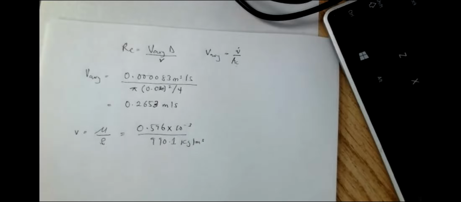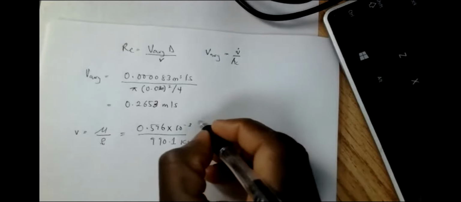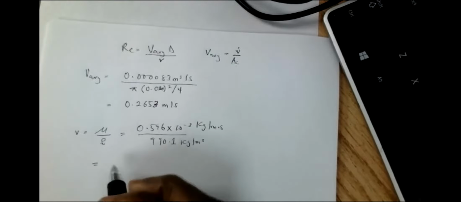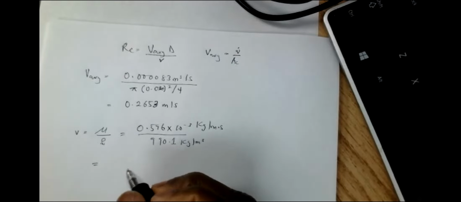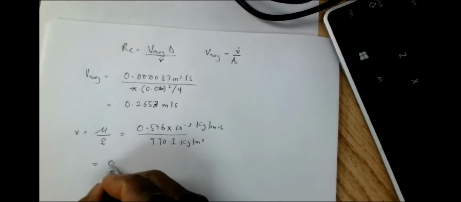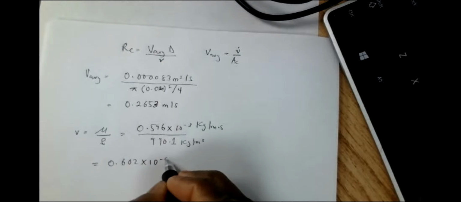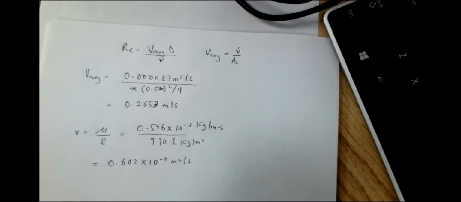I hope all this makes sense so far. This is kilogram per meter second. So we get this to be 0.602 times 10 raised to the power minus 6 meters squared per second.